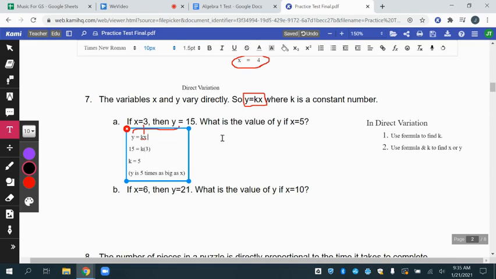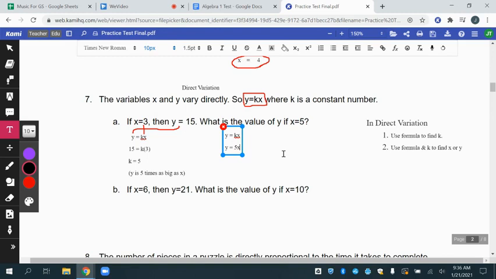Now we're going to do step number 2. Now that I know that K is 5, I'm going to use that to figure out the new number. So I have Y equals KX, and I know that K is 5. Y equals 5X.